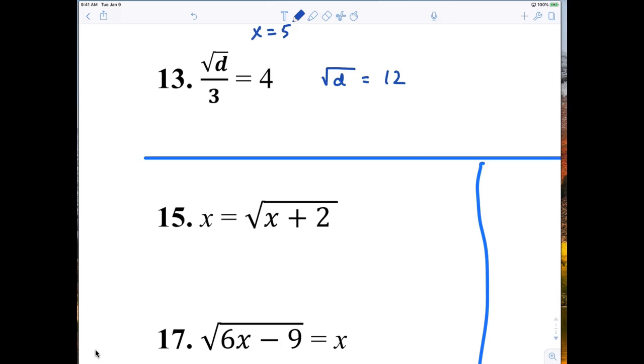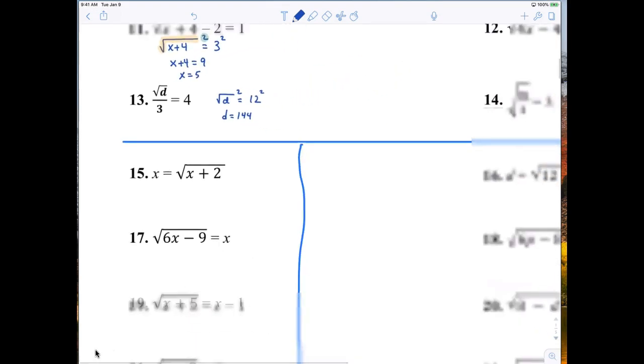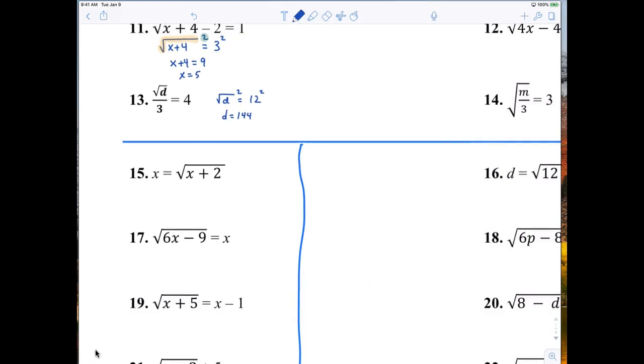Square. So d is equal to what? 144. Everybody okay with this? Yes. All right, now the hard problems. And they're not really hard if you remember your rules.